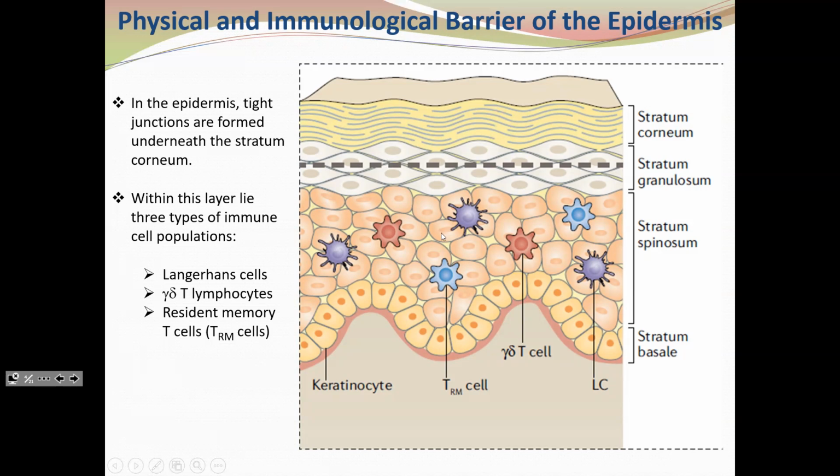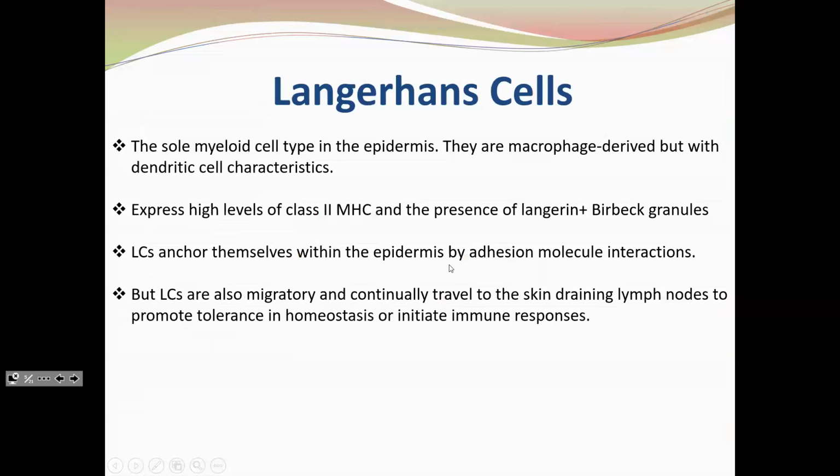And then within the stratum spinosum are three major cells: the Langerhans cells, gamma delta T lymphocytes, and resident memory T cells. So the Langerhans cells are the only myeloid cells in this layer.